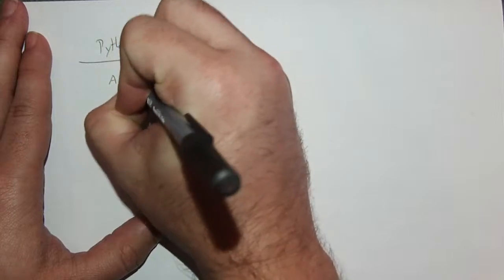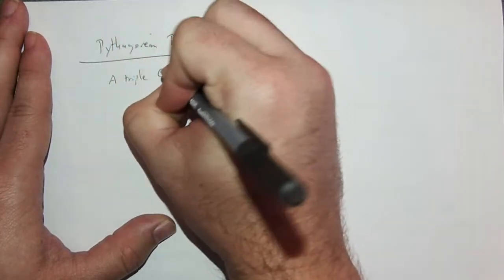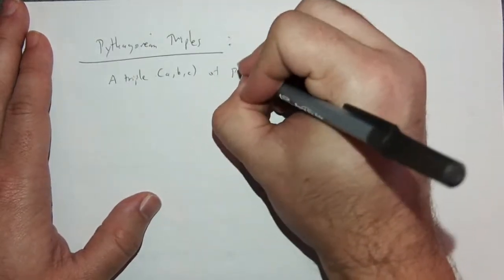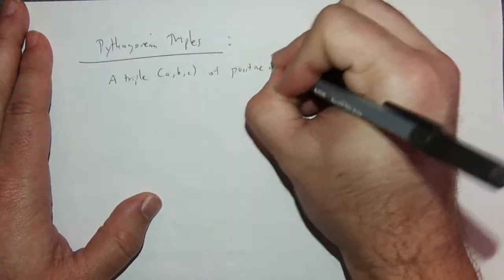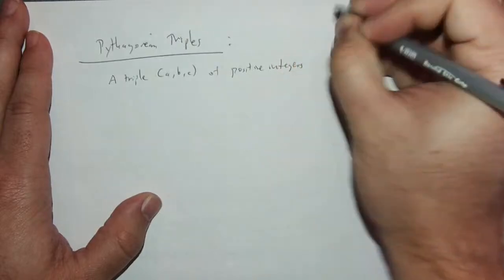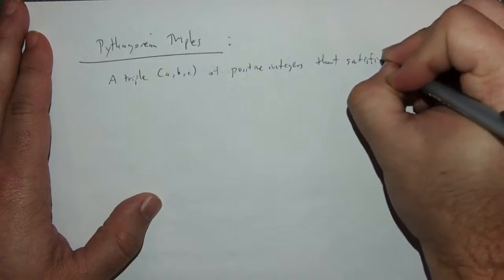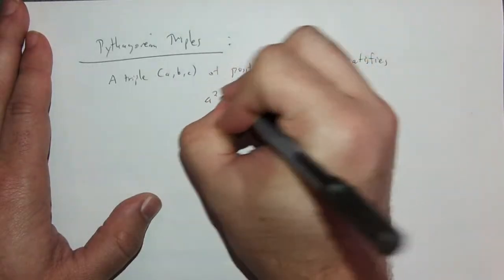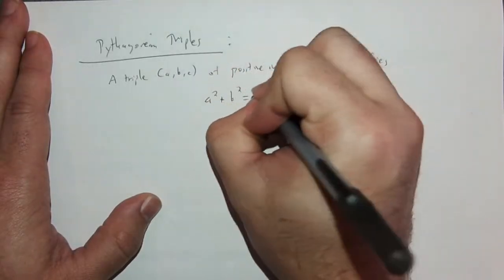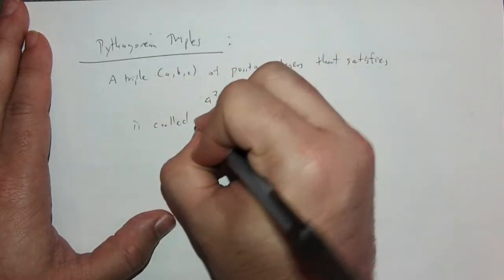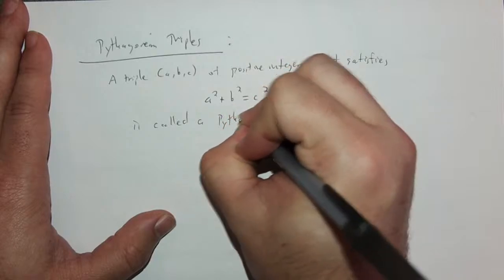A triple a, b, c of positive integers that satisfies a squared plus b squared equals c squared is called a Pythagorean triple.